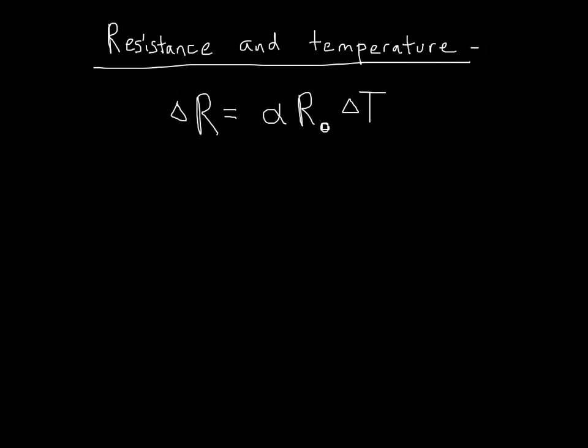So I can compare the resistance of a wire at, say, freezing temperature to boiling temperature, and I can figure out how it's going to change. It depends on this alpha, which is the temperature coefficient of resistance.